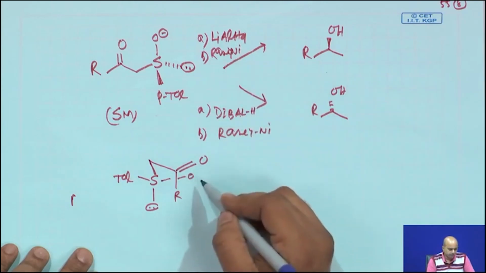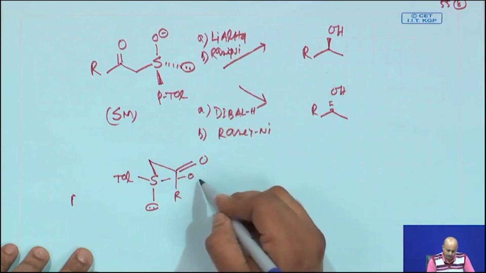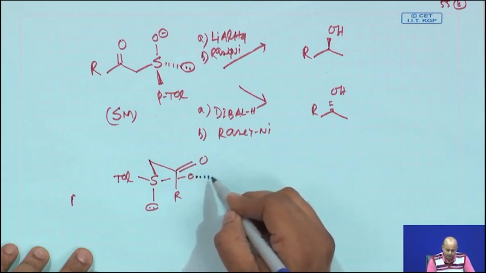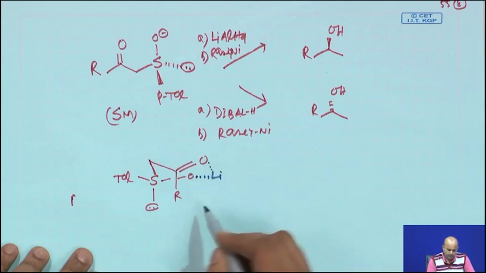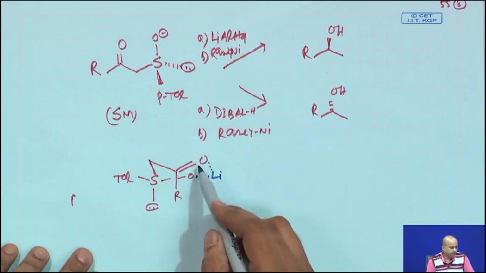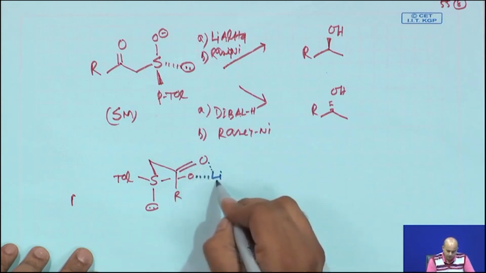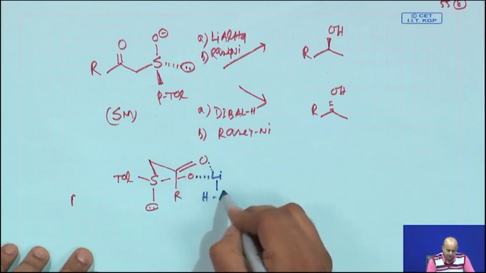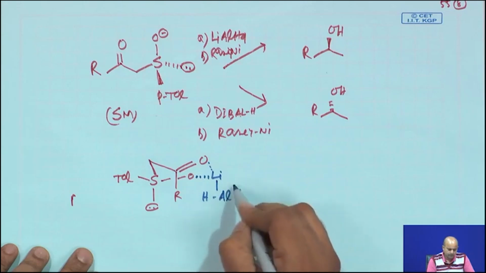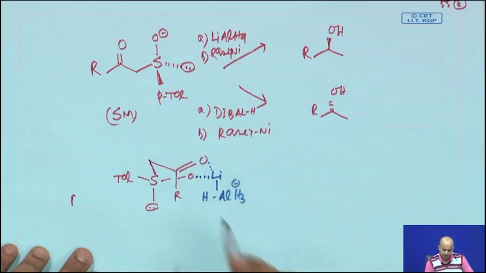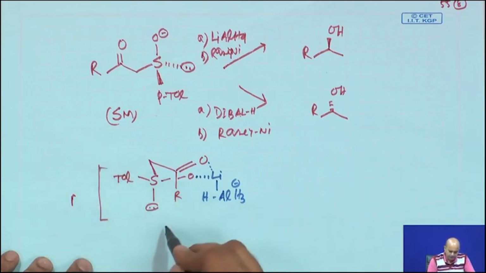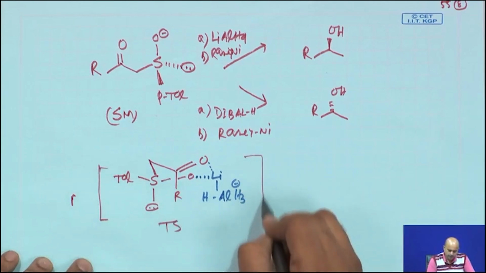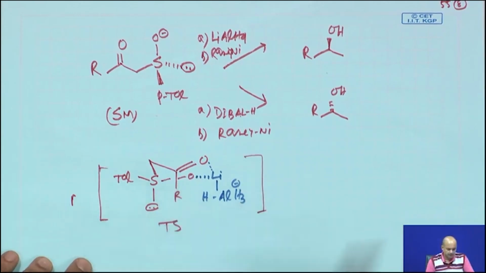Lithium is small, and we assume that lithium coordinates with the sulfoxide oxygen as well as this carbonyl, and your aluminum hydride is here. So, this is the transition state for this sulfoxide and lithium aluminum hydride.